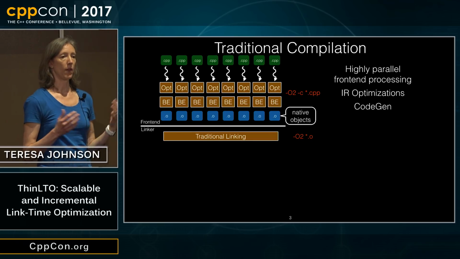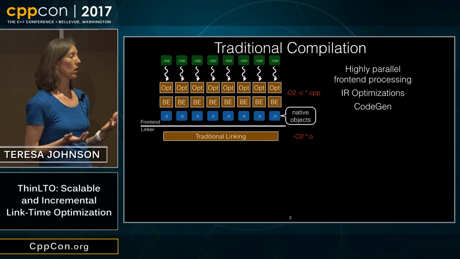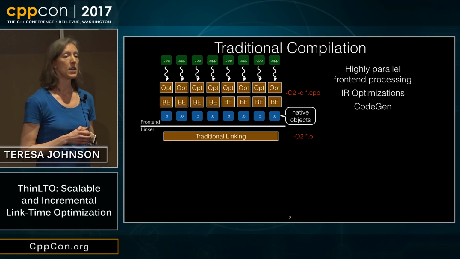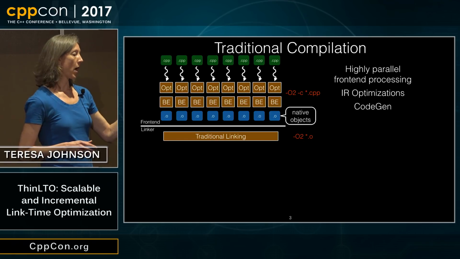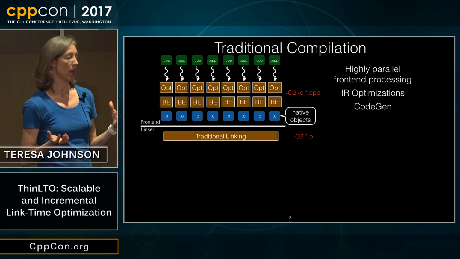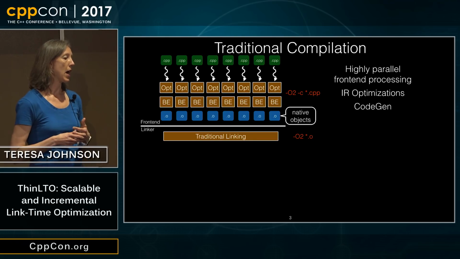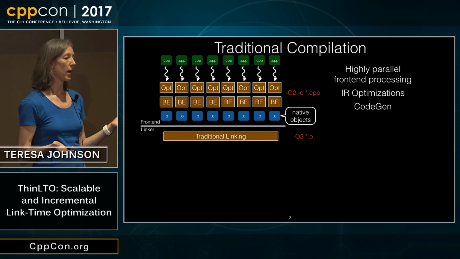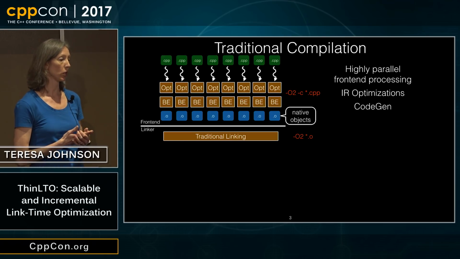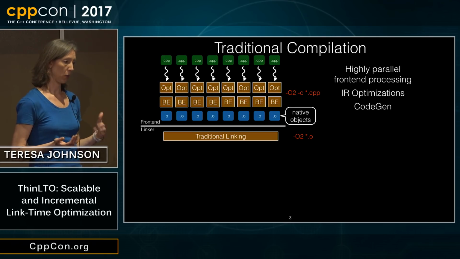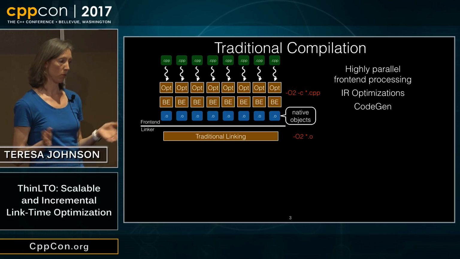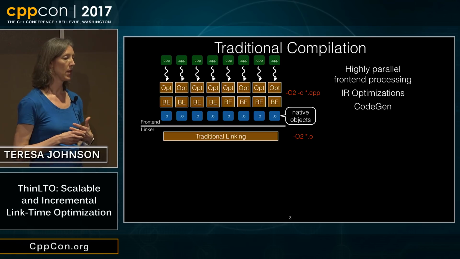And then after all those are done, you go ahead and link all of this native object code. The compiles here are completely independent, and so you can completely parallelize these processes. You can either do make -j with a high parallelism factor, or if you have a distributed build system like we do at Google, you can farm them all off to different remote build nodes. And so you can speed that up quite a bit with the parallelism.